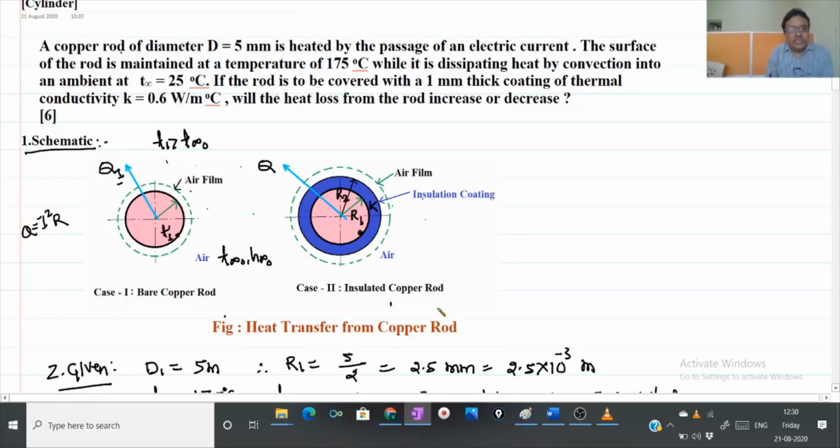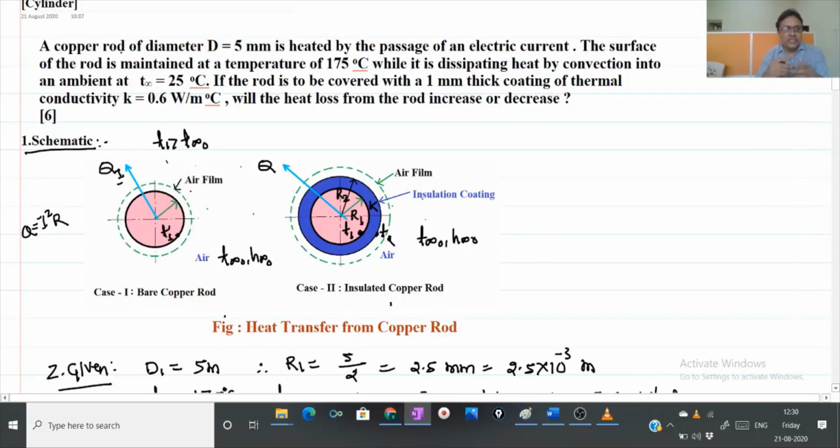By virtue of heat supplied, its surface temperature is T1, the outer surface temperature of this insulation is T2, and that of the air is T infinity O and H infinity O. The problem is like that: the bare copper rod is there and a temperature difference is created, so some heat transfer Q1 is taking place from it.